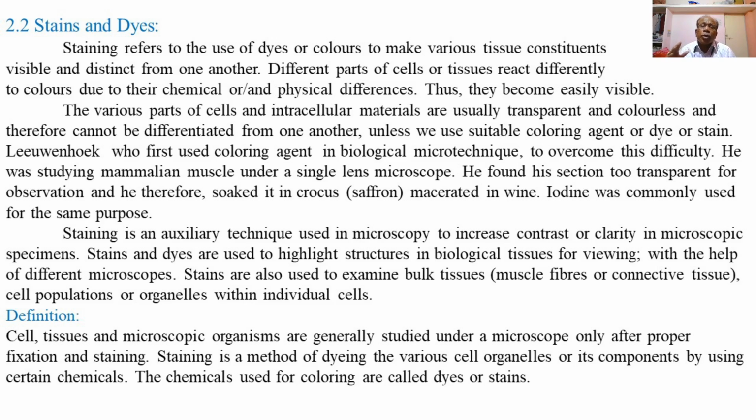Staining is a method of dyeing or coloring the various cell organelles or their components by using certain chemicals called stains. The chemicals used for coloring the tissue or cellular components are called stains or dyes, and this method of giving a particular color to the biological material is called staining.